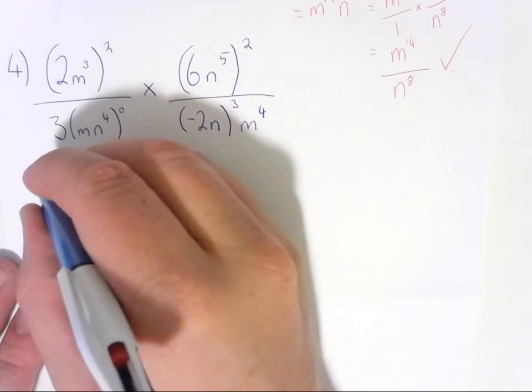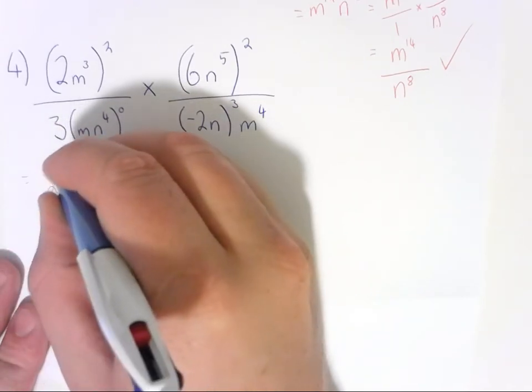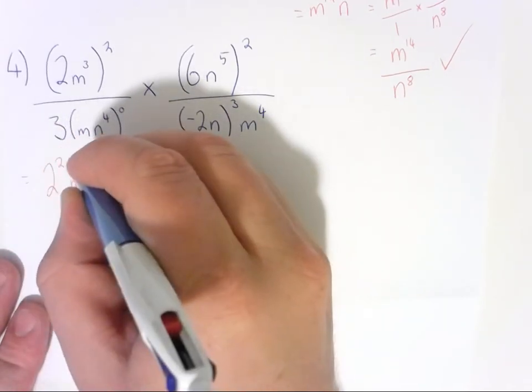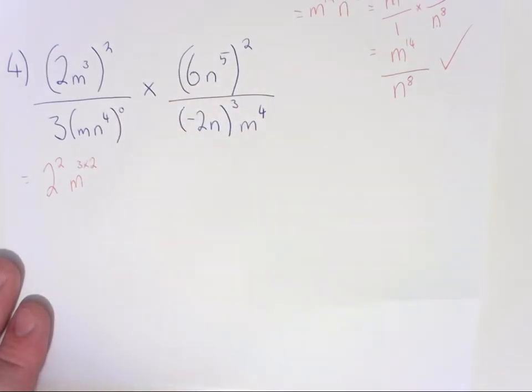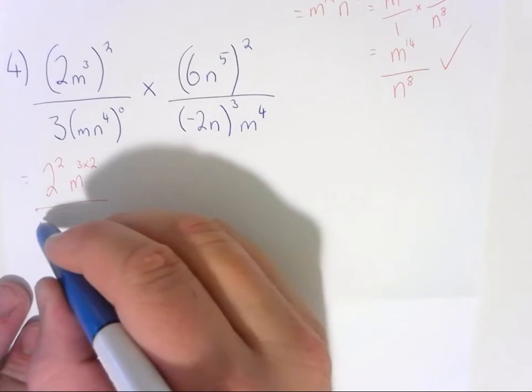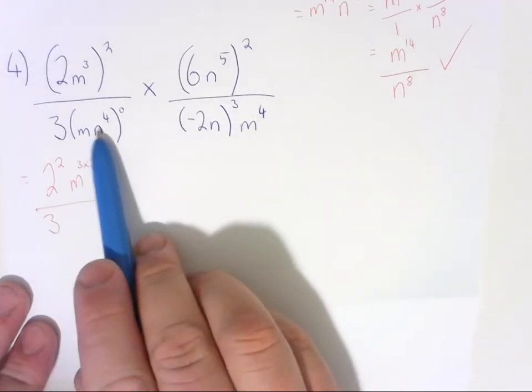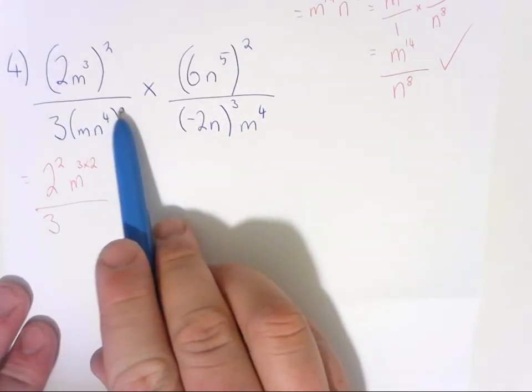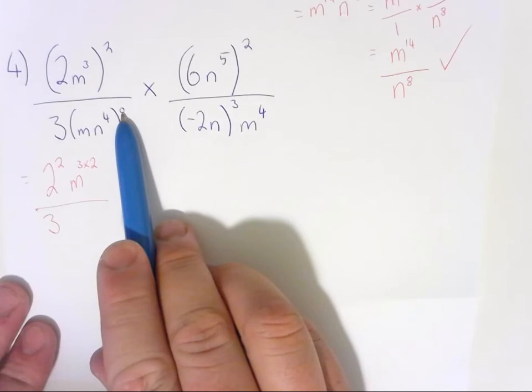So our new top line is 2 squared m to the 3 times 2, on 3 lots of mn to the power of 4 to the power of 0, which becomes m to the 0, and then n to the 4 times 0, which we know is also 0.